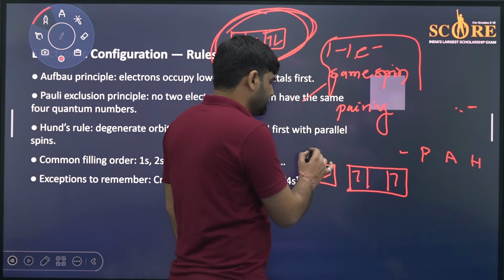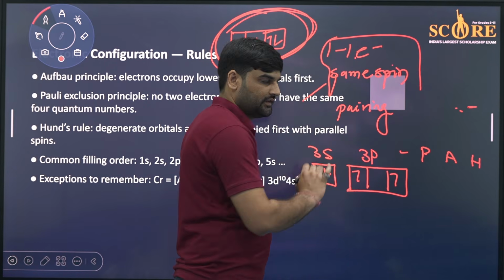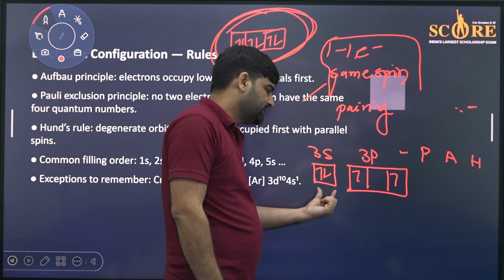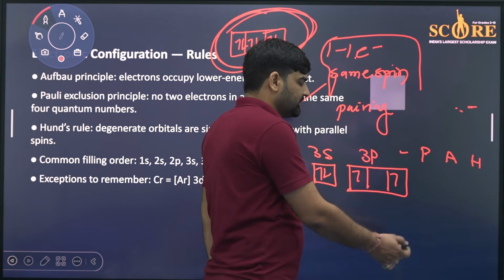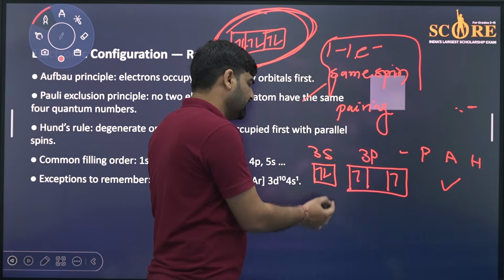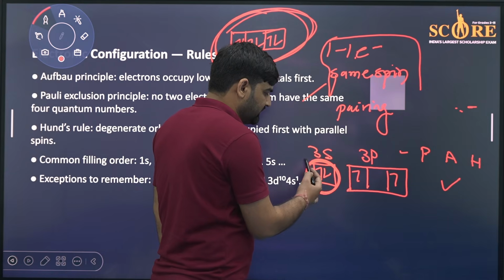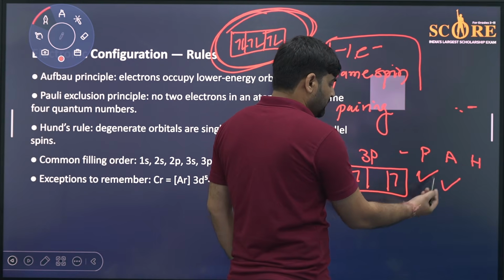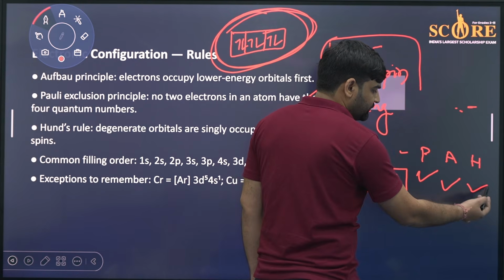I assume this is 3s, this is 3p. First of all this is completed, after that this is filled up, so the Aufbau principle is followed. The Pauli principle is for one orbital; it tells that only 2 electrons are filled with opposite spin. Hund's principle says that one electron with same spin, there is no issue.